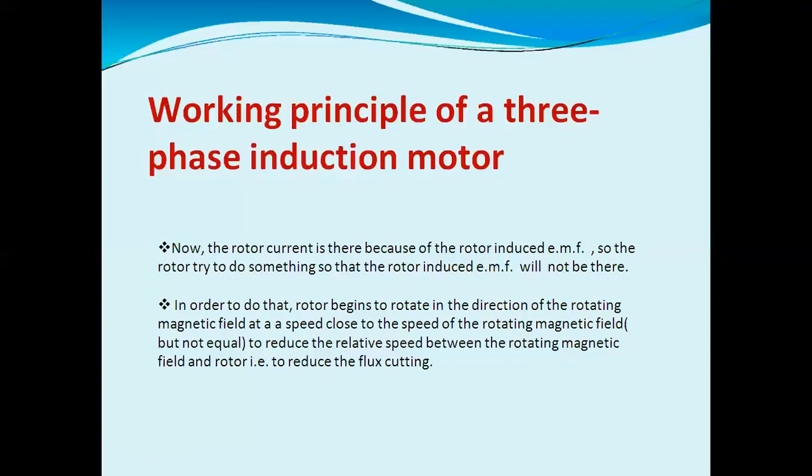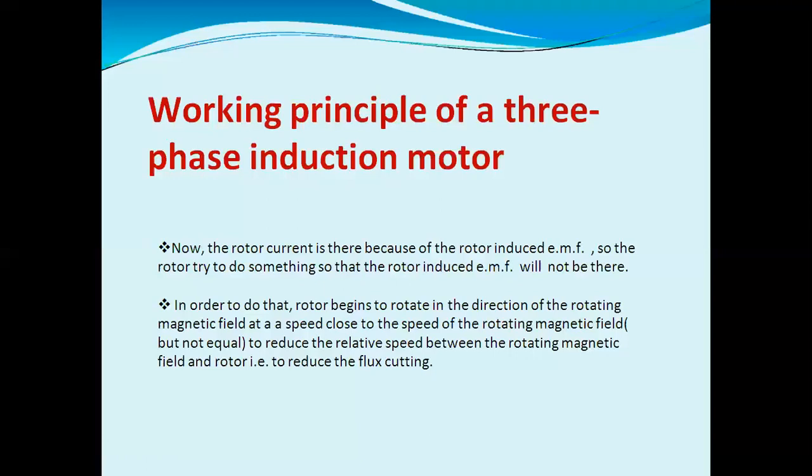The rotor begins to rotate in the direction of the rotating magnetic field at a speed close to the speed of the rotating magnetic field but not equal to it.